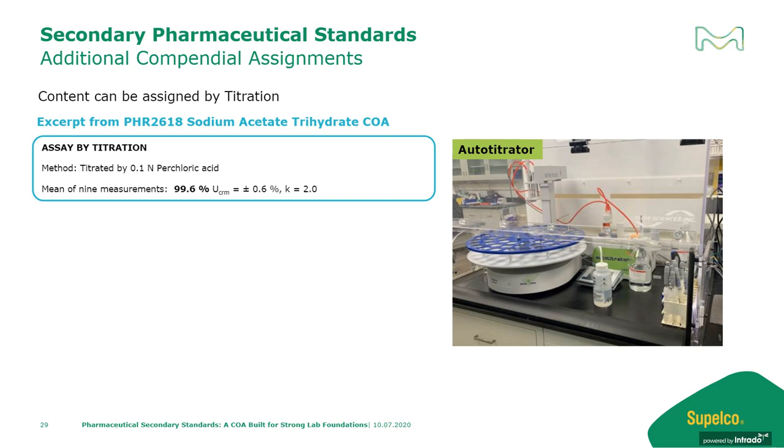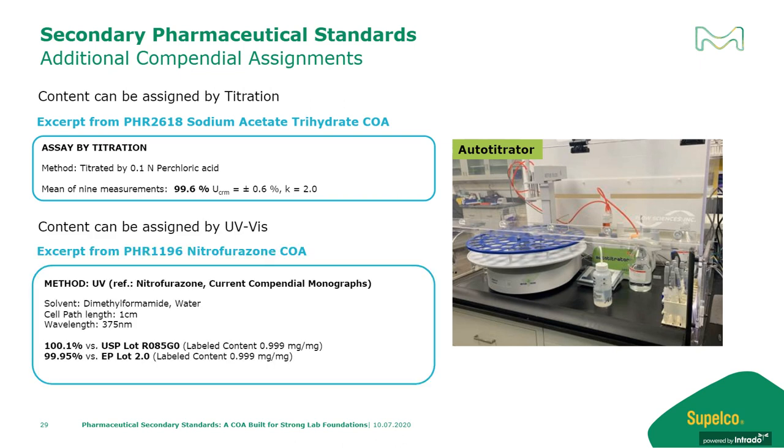The great thing here is that the user can pick which value is appropriate for their application. For example, if they are using a secondary standard in a titration application, then the certified value by titration may be more appropriate than the certified mass balance value, although they'll probably be very close to each other.